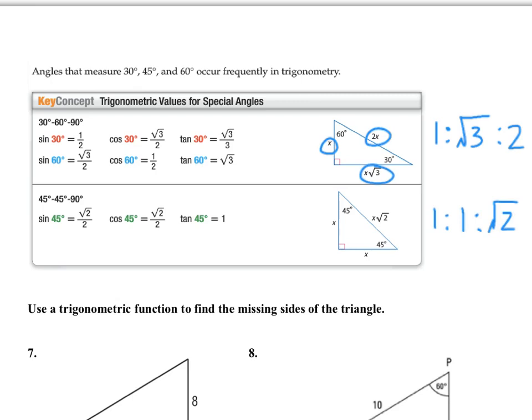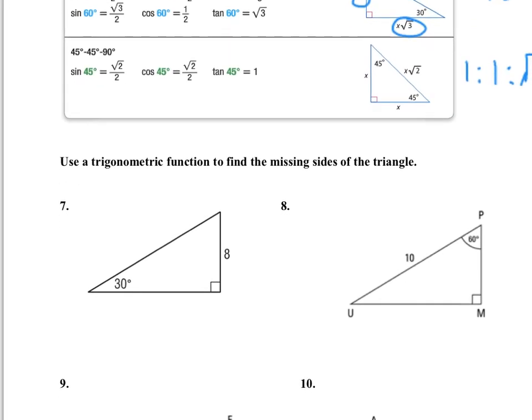Okay, so for number 7, we need to find side lengths. We're given that the short side is 8, and I know this is the short side because the shortest side is always across from the smallest angle. So 8 is across from 30, so it has to be the short side.